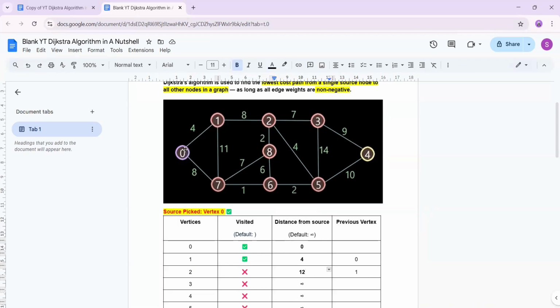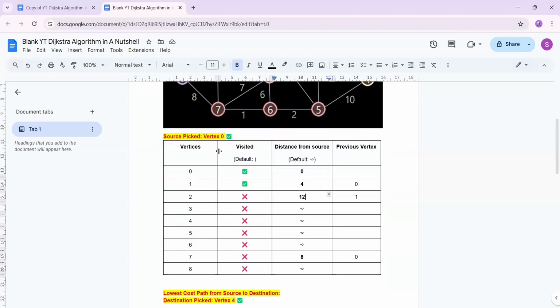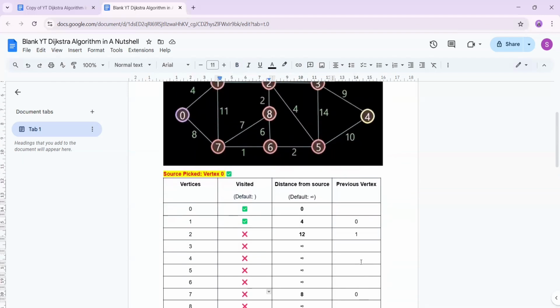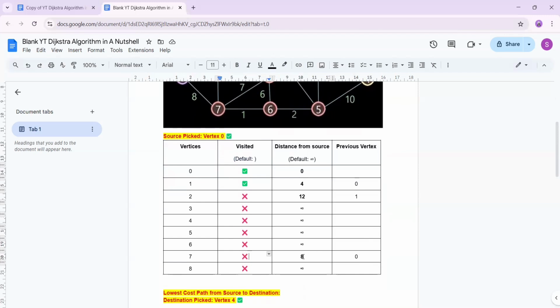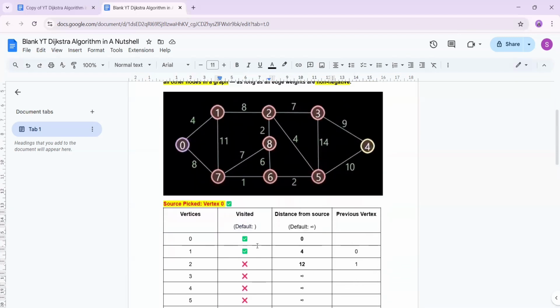We could also traverse through 0, 1, because we are from 1, right? 1 to 7 as well. 1 to 7 will take a cost of 15. So for 7, if we put our previous vertex as 1 and a cost of 15, we shouldn't do that because we want the shorter distance. So we just ignore it. So this is the updated table.